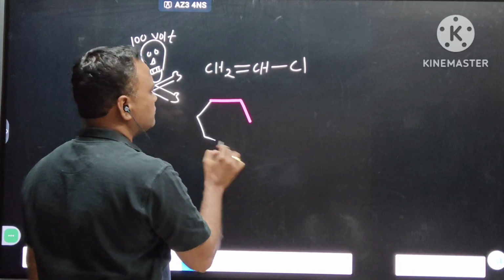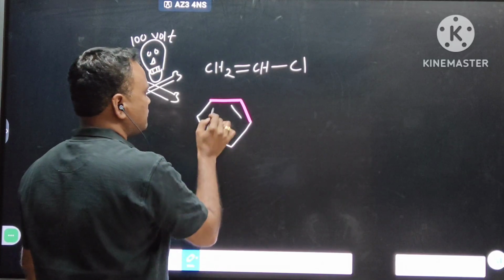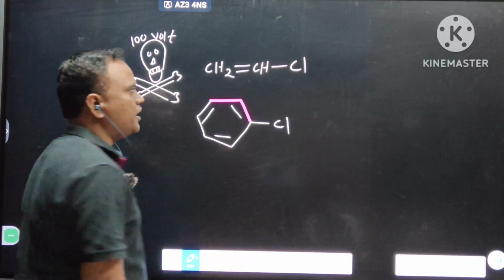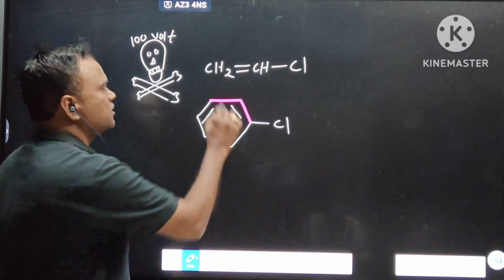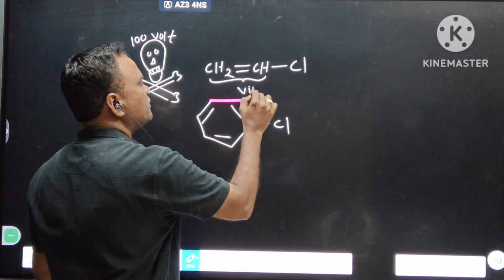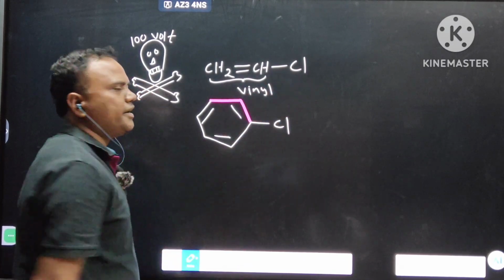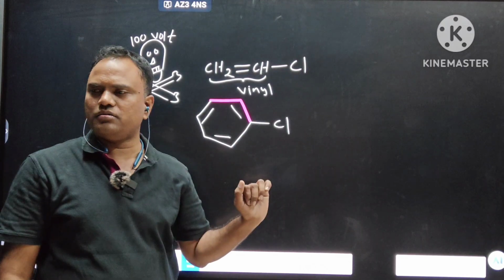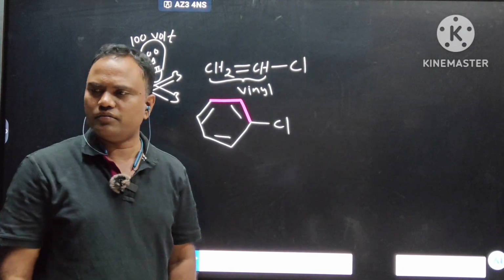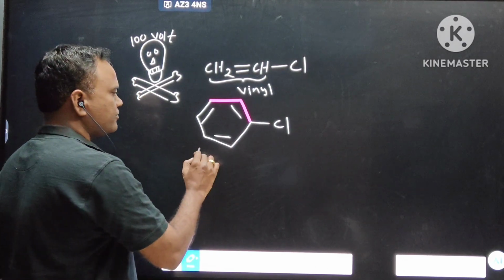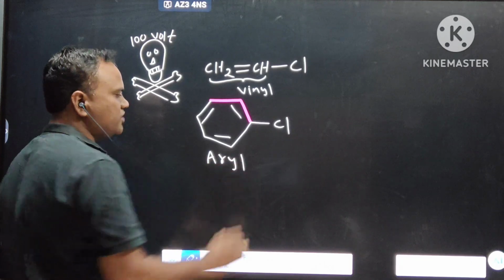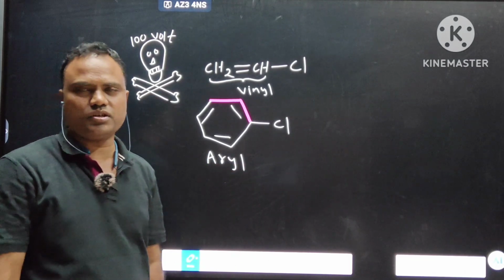Don't know the name? Very good. Vinyl chloride, vinyl group. This group is called vinyl chloride or vinyl bromide or vinyl iodide, vinyl. And this is aryl. Don't say benzyl, say aryl. Blunder mistake. Don't say benzyl.